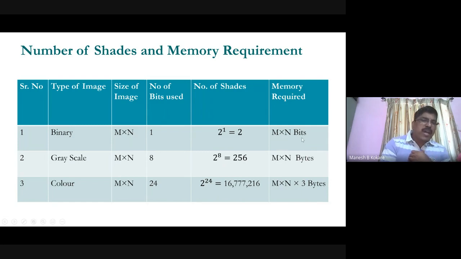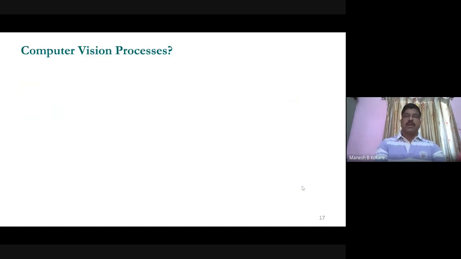So this is m by n bits, this is m by n bytes, and this is m by n multiplied by 3 bytes, because there are 3 channels and every channel requires 1 byte of memory for storing 1 pixel. So this is the overall memory requirement, and how a color image is represented in computer vision.